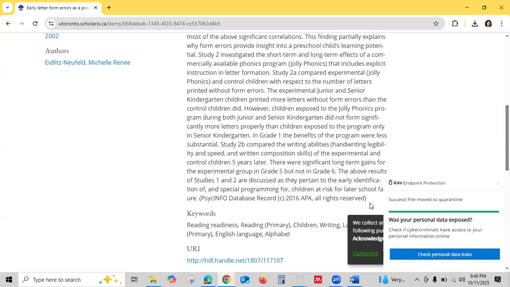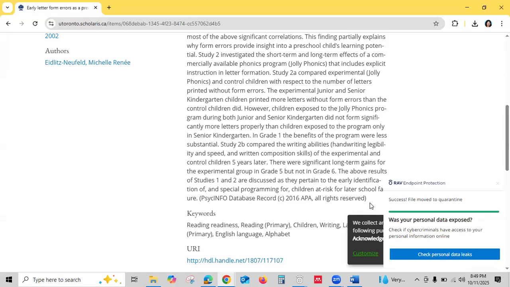So they did not have enough activities for grade 1 students. Compared the writing abilities, handwriting, legibility and speed, and written composition skills of the experimental and control children 5 years later, there were significant long-term gains for the experimental group. That means the experimental group has improved through the activities.